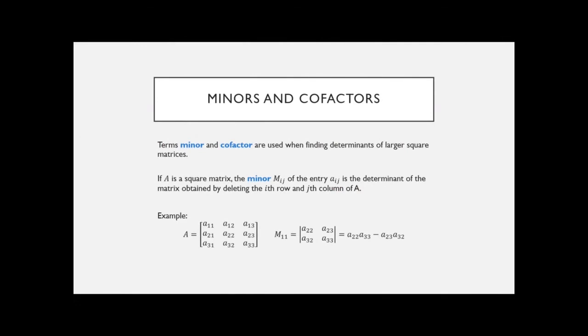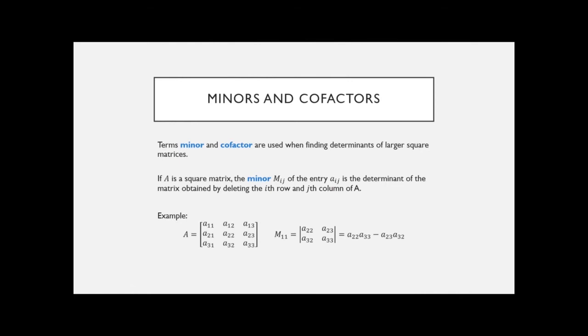And so the terminology here is going to seem a little confusing. We have these things called minors and cofactors. Technically you can use minors and cofactors to find the determinant of a 2x2 like we just did, but I think it's just unnecessary confusion in terms.